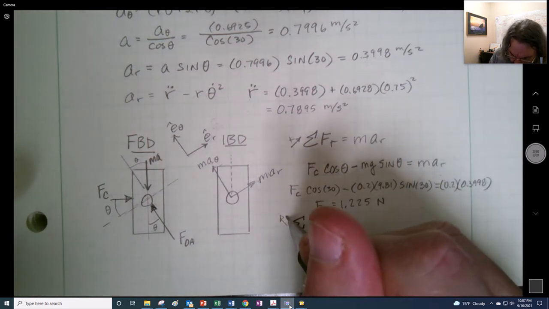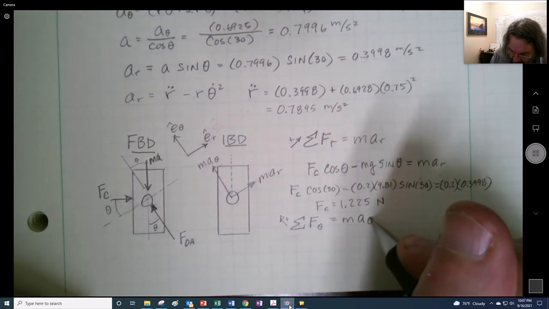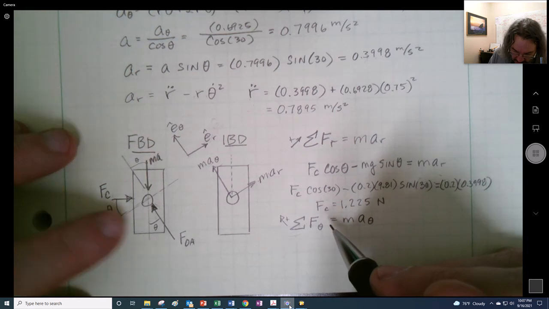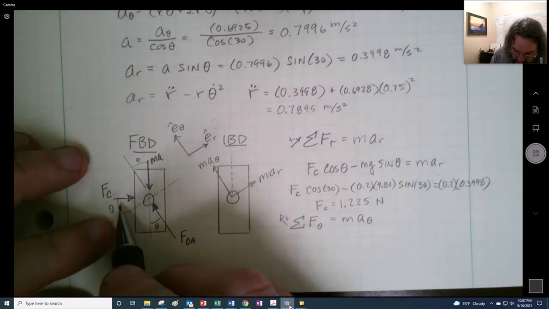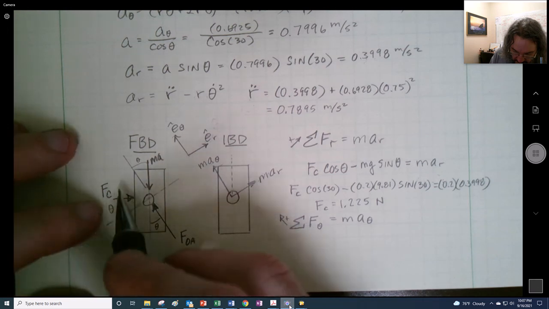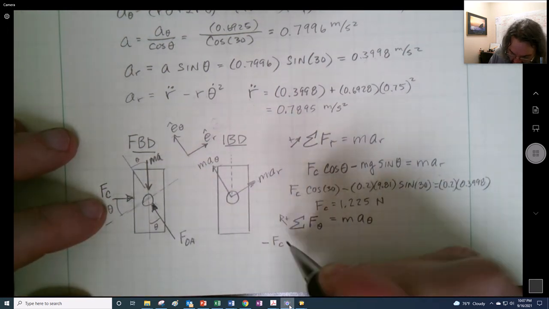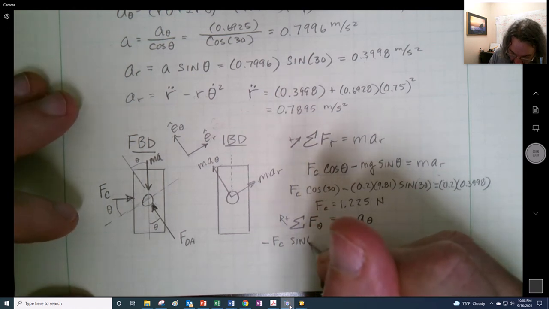There you go. The sum of the forces is equal to mass times acceleration. Boom. And so now we got a lot of things to consider. Let's start with this one. This one has a negative, right? So there's going to be a negative FC times sine of theta.